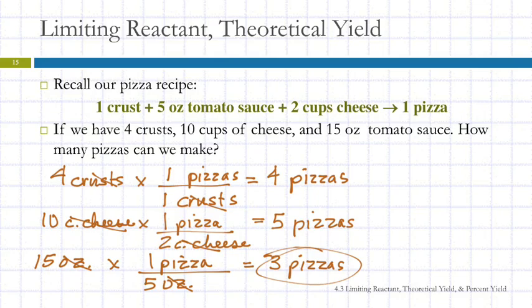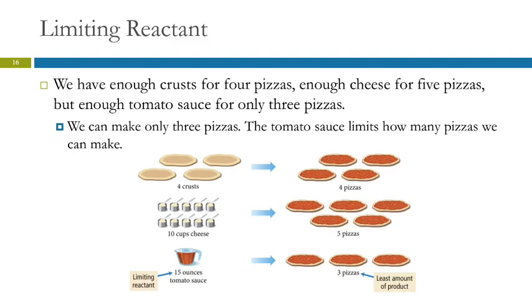Does that make sense? So here it is in pictures. The person they hired to do this draws a lot better than I do. That's why they get paid for it and I don't. Okay, so the sauce is the limiting reactant. We can only make 3 pizzas. So we call this the limiting reactant or the limiting ingredient because it limits how much product we can make.